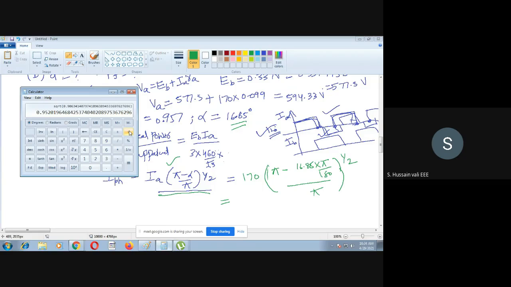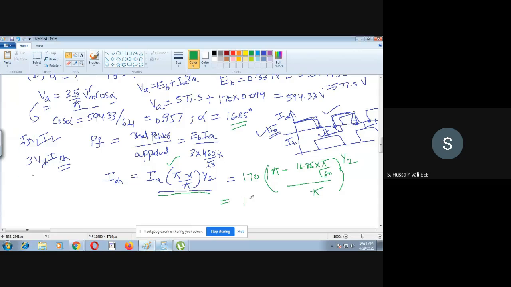So you'll get 0.952. Multiply with 170, 161.84. So I phase becomes 161.84 ampere. You will get this.